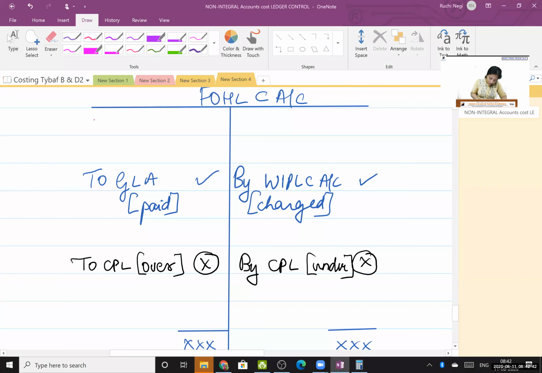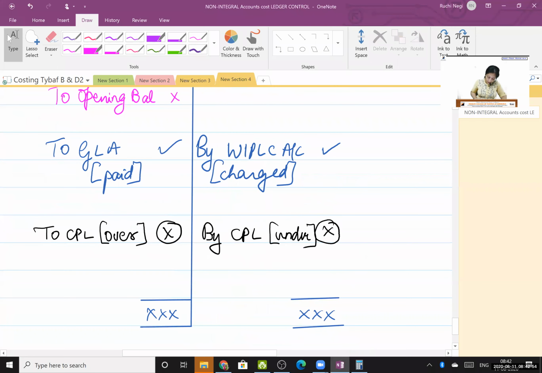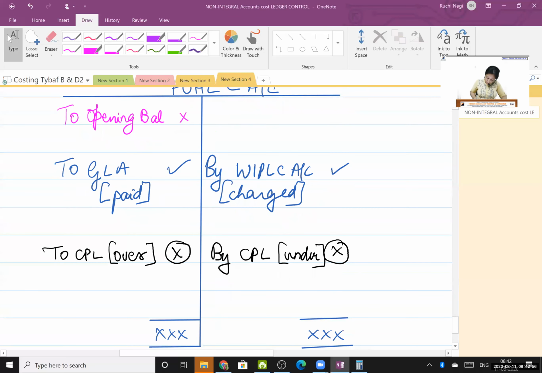Okay, to opening balance. This will be given in the trial balance. Obviously, इसका closing by closing balance.